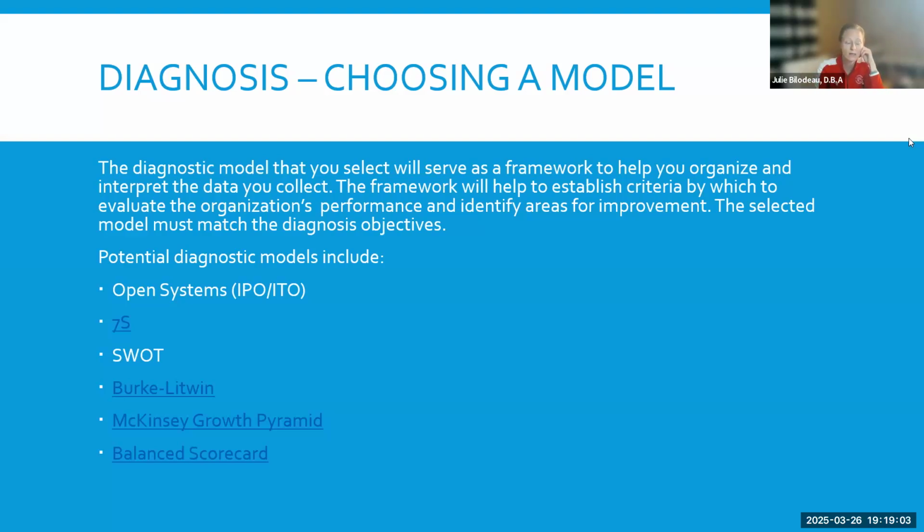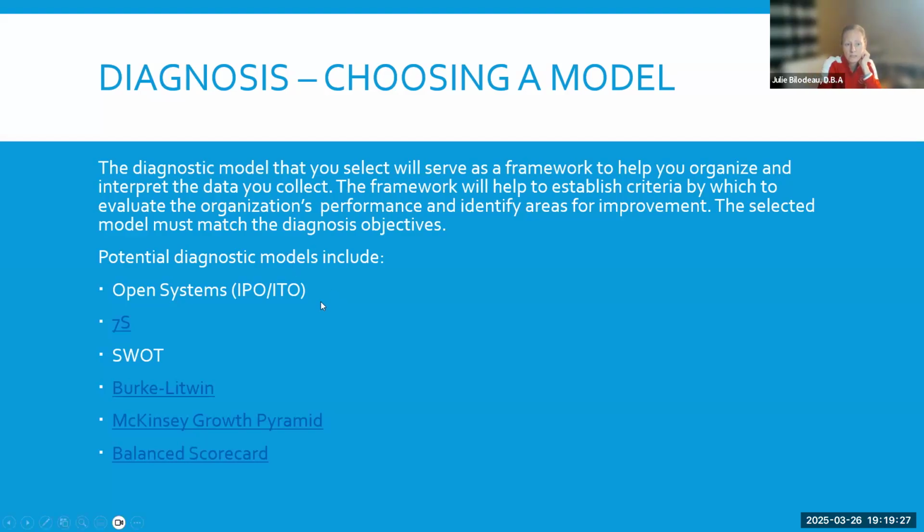If you haven't spent some time becoming a little bit familiar with these models, it might be helpful to do so, almost side by side, right? Here's the model, here's my situation. Does this one seem to fit? Could, maybe, or nope, not at all. Rule that one out, move on to the next one.